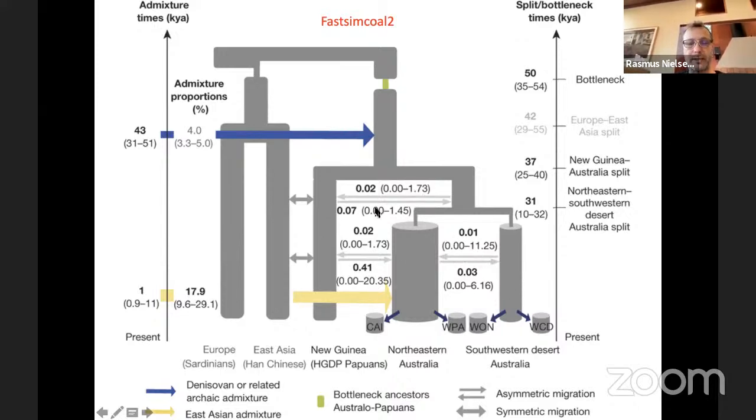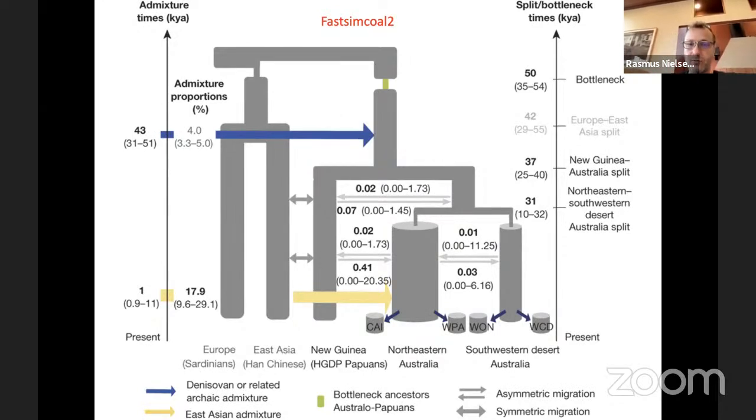The way this is done is basically, like I explained, by simulating coalescence trees under different models, calculating the site frequency spectrum that would be induced jointly for all of these populations, and then using this composite likelihood function to try to maximize that.